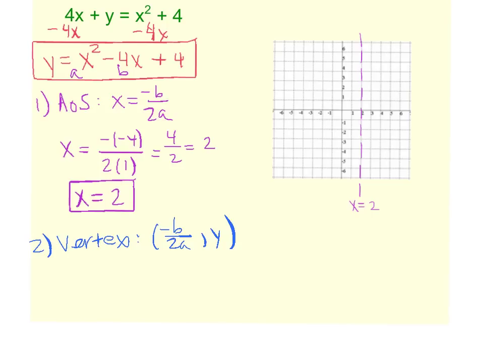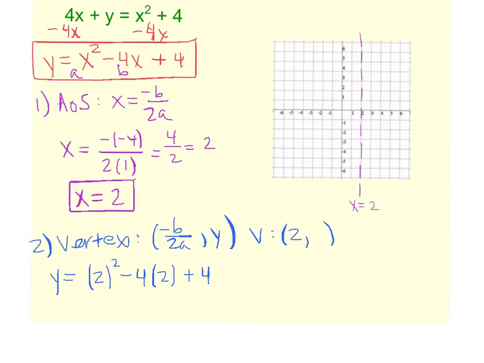So we already know that in our vertex, the x value is a 2, and so to get the y value, we just plug it back in. So we'll do y equals, and again, I'm looking back up to the function we're graphing. So we're going to plug in a 2 for all those x's. 2 squared minus 4 times 2 plus 4.